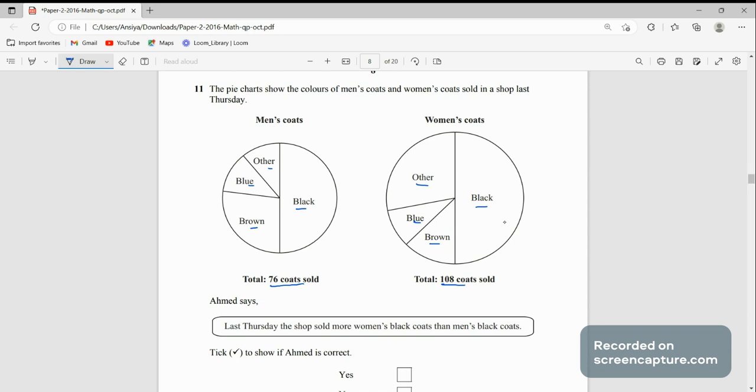Ahmed says, last Thursday the shop sold more women's black coats than men's black coats. Okay, but see, the pie chart looks like black is half of it here, and here also black is half of it. But Ahmed is telling that last Thursday the shop sold more women's black coats than men's black coats.